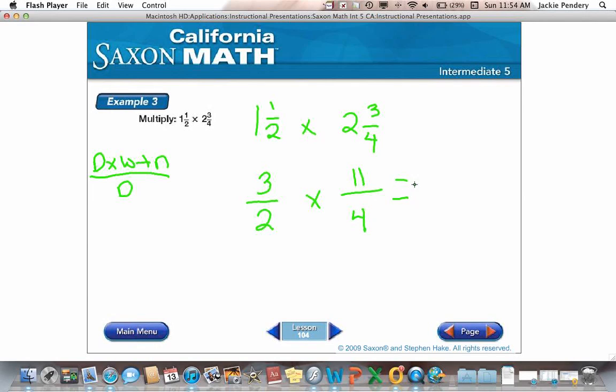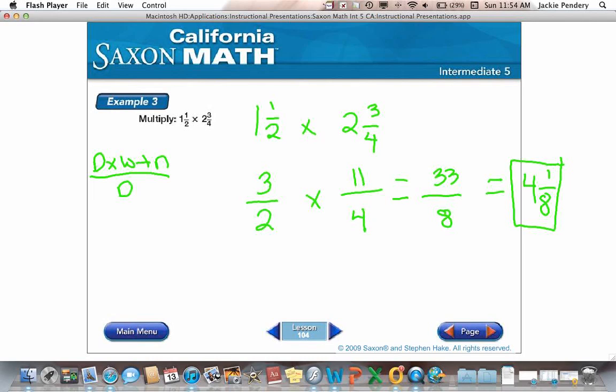Multiply the numerators: 3 times 11 equals 33, over 2 times 4, which equals 8. Now I have another improper fraction, which I need to reduce. I know 8 goes into 33 4 times, leaving 1 left over. So I reduce it down into a mixed number to get my answer of 4 1/8.